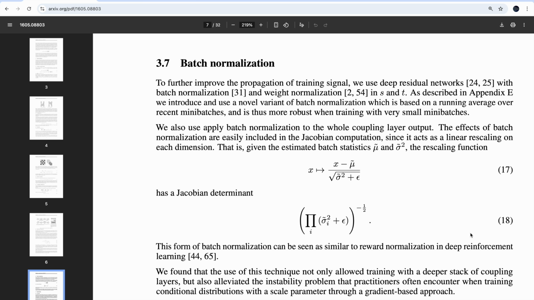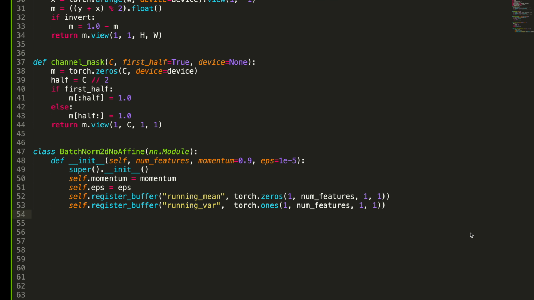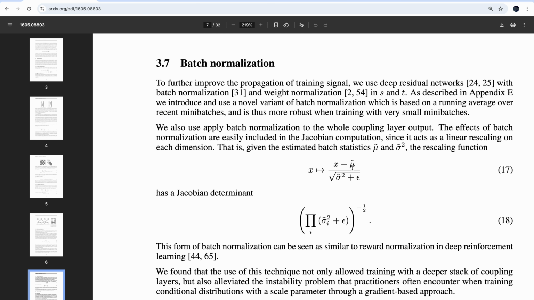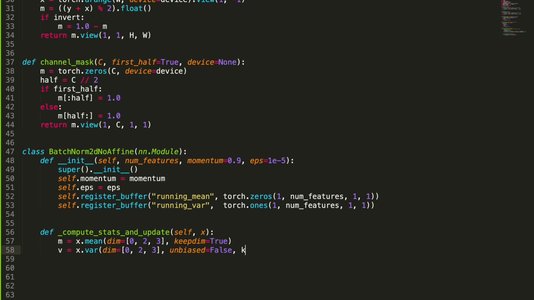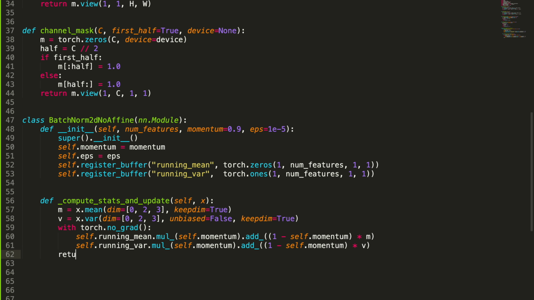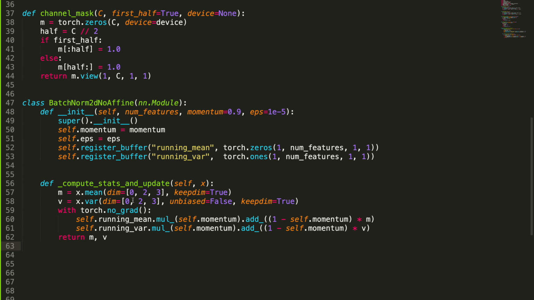That's equation 18. So basically you just need to compute the running average of the mean and the running average of the standard deviation that are tracked during training. That's what we track: running mean and running variance, and then at inference we use those statistics that have been accumulated during training. So we can create this private function, compute stats on update.